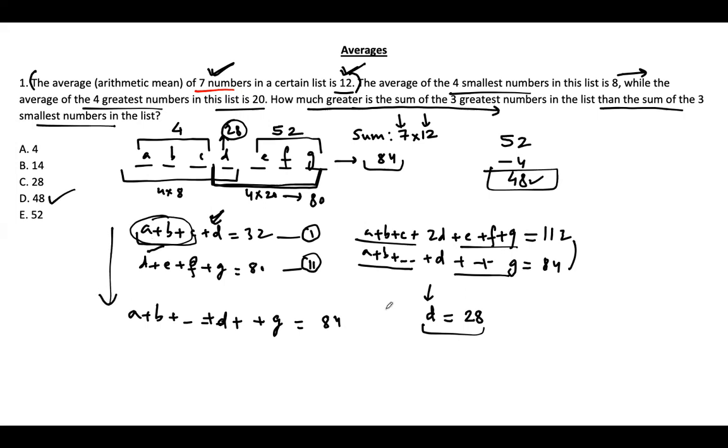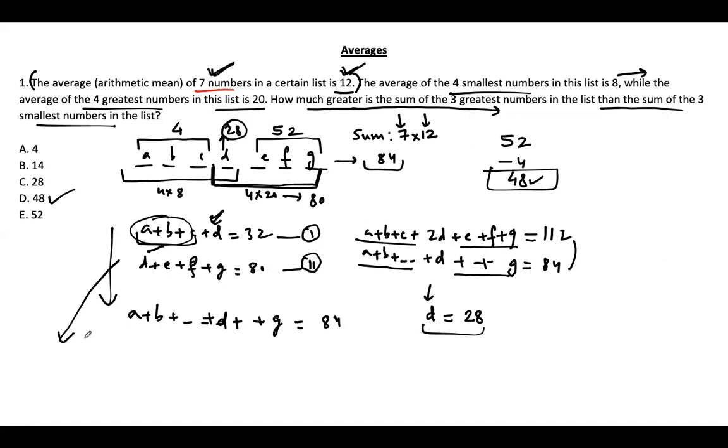I don't think it was that difficult to solve this question. Sir, 80 minus 32 directly will give the answer 48. 80 minus 32, yes. Single step. Yeah, that is also true. Even if you are not making this, what he said is also true. Because we need to find the difference of the sum of the greatest and the smallest, right?